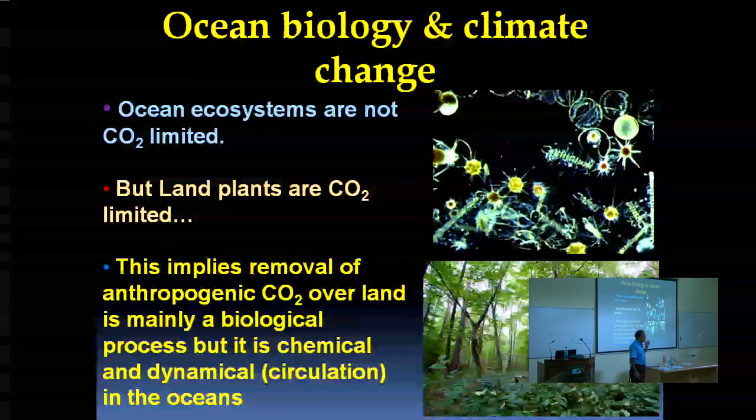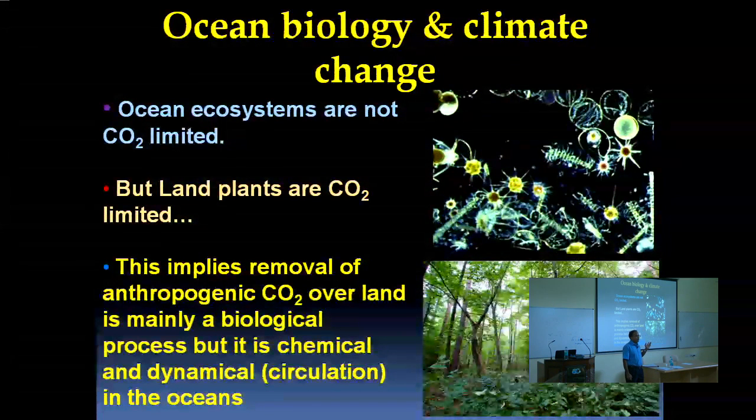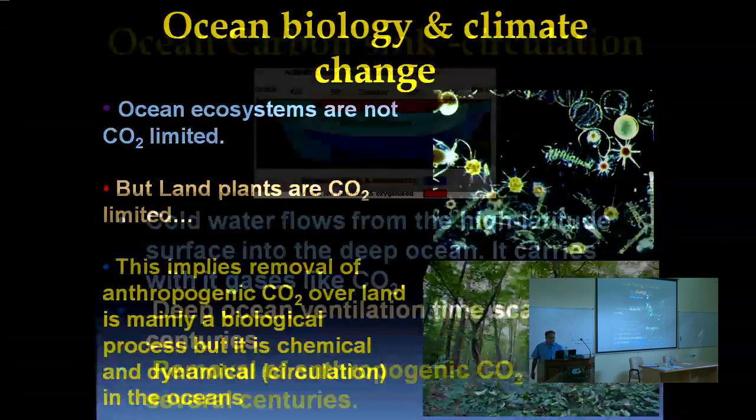If you really want to stimulate ocean biology, you have to add nutrients like iron. There are proposals to actually dump iron into the ocean, called ocean fertilization. But I don't want to go into that. Let's just stick to our science here.